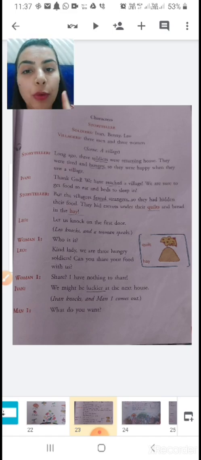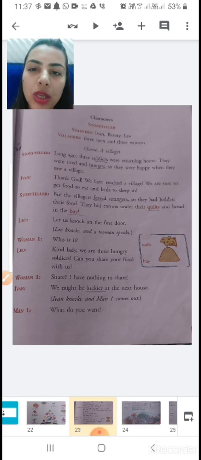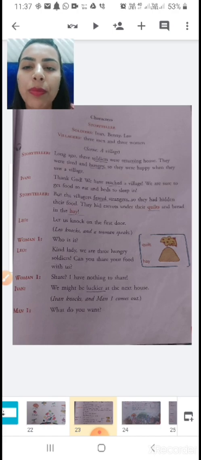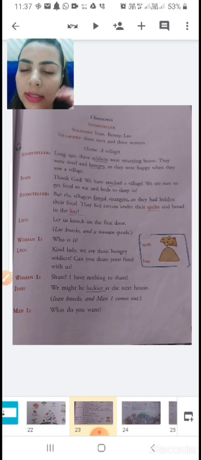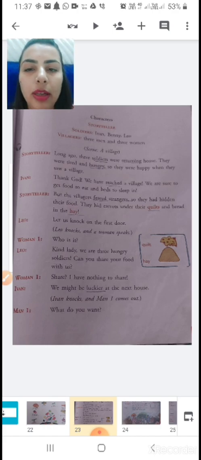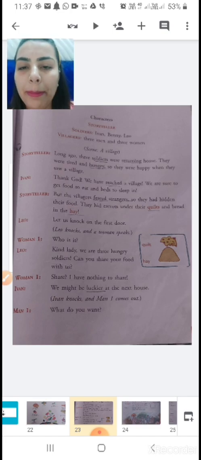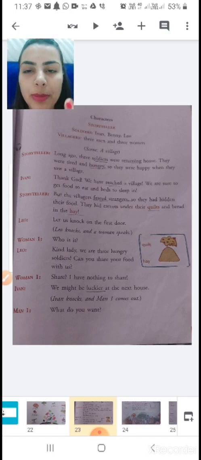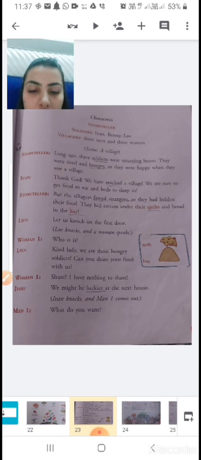Then Ivan, the first soldier, says, "We might be luckier at the next house." Ivan says that we will go to another house and ask there for food. Then Ivan knocks and a man comes out. The man says, "What do you want?"